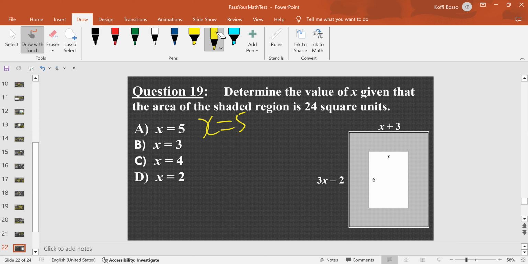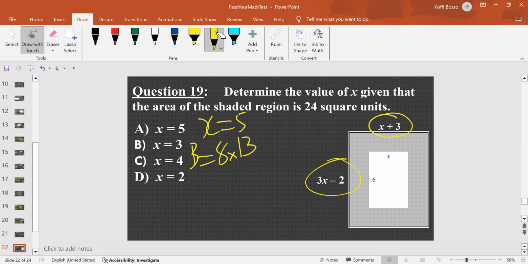So if x is 5, the big rectangle will be what? The area of a rectangle is length multiplied by width. So we replace x by 5 in x plus 3. That gives you 8. We're going to have 8 multiplied by, we replace x by 5 here, so we have 15 minus 2, which is 13.